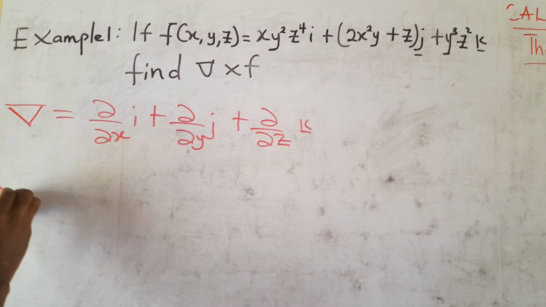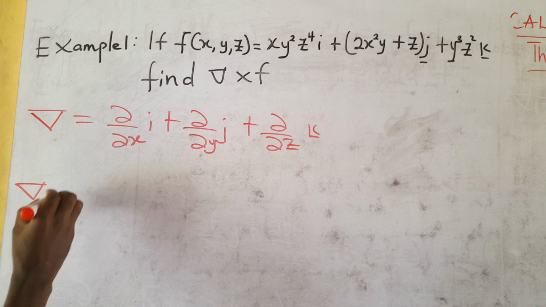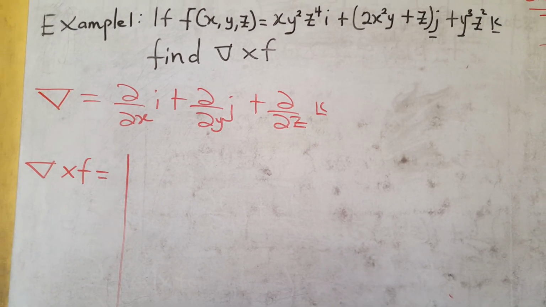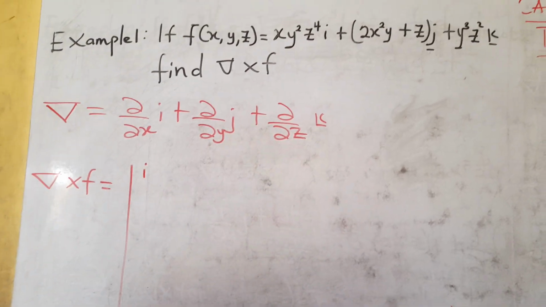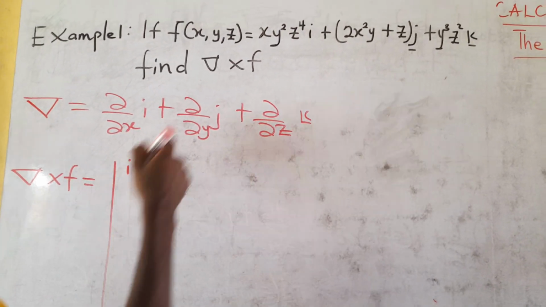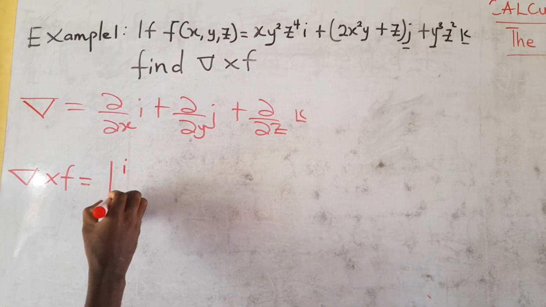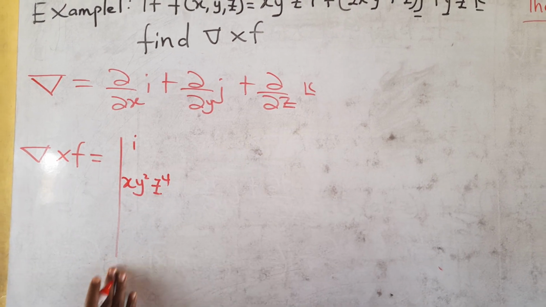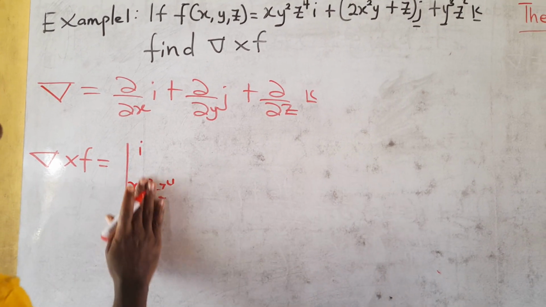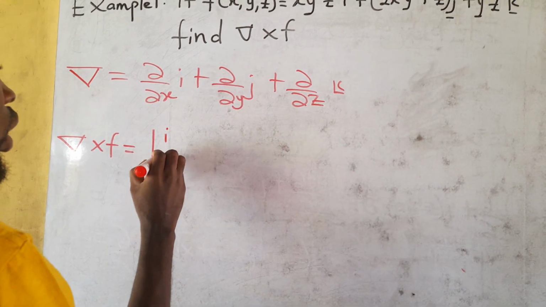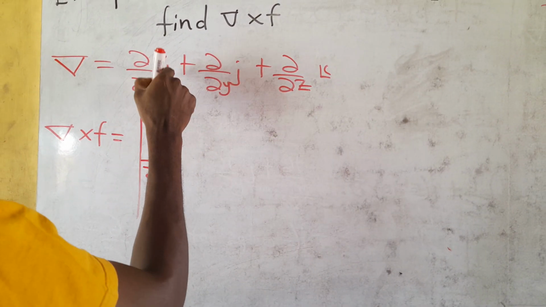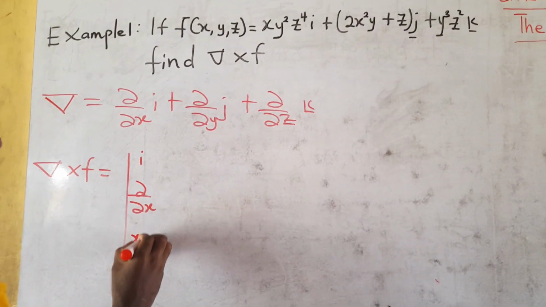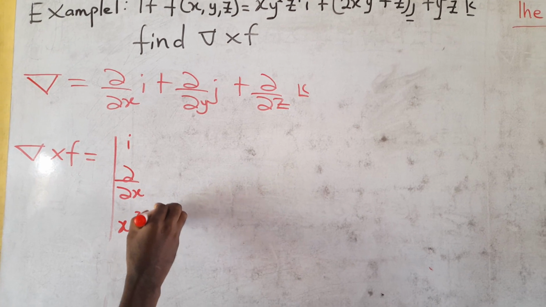So the cross product between the differential operator and f will just be equal to a 3x3 matrix where i, j, and k form the first column. For the first, the differential operator must come first. So del over del x for the i, then the i component of f, which is x y squared z exponent 4.